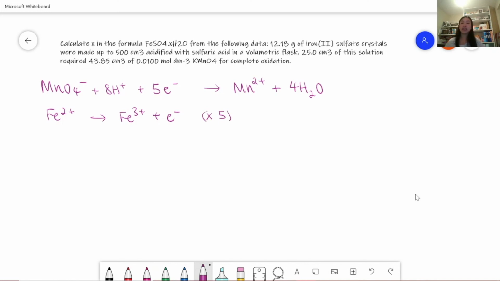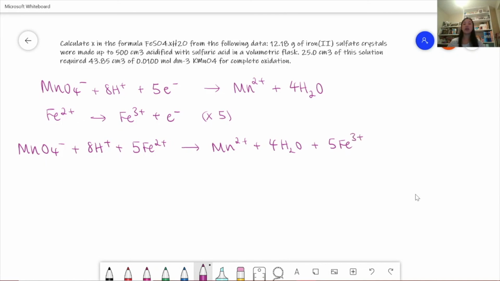So what we have is MnO4- plus 8H+ plus 5 Fe2+, and then this forms Mn2+ plus 4H2O plus 5 of these Fe3+. And this is our overall equation. And we're going to use this to work out.